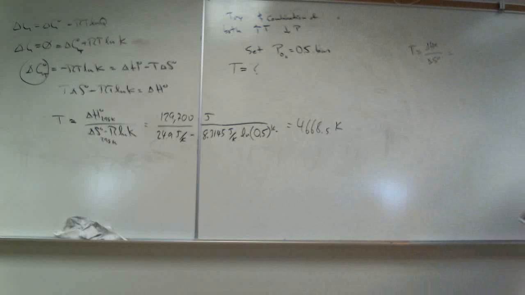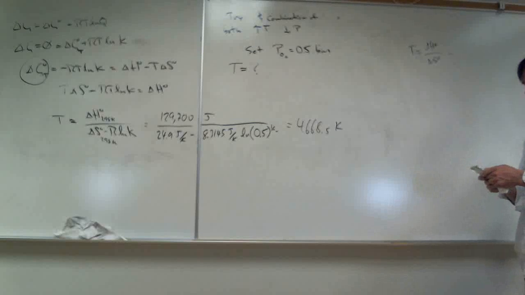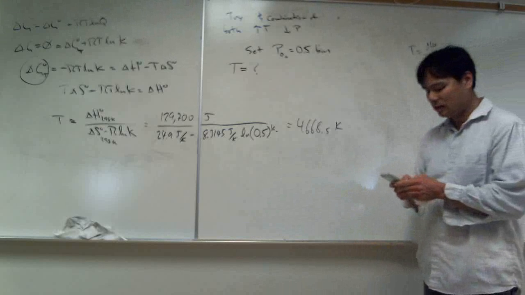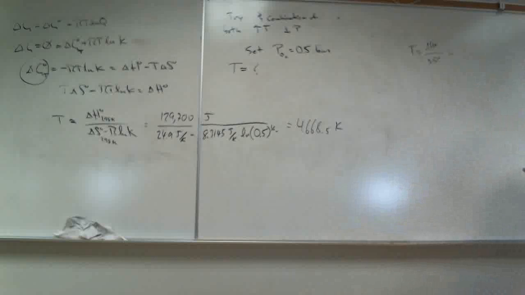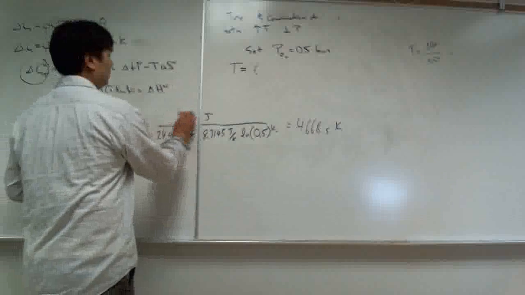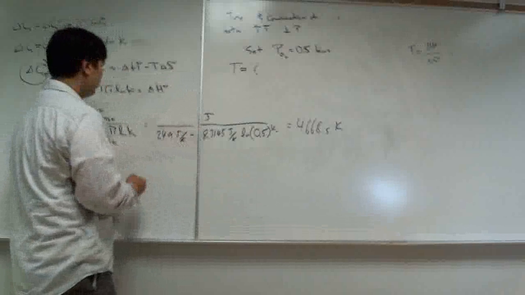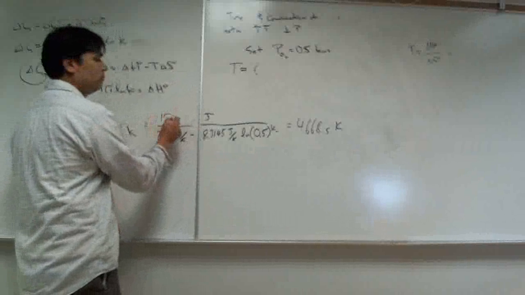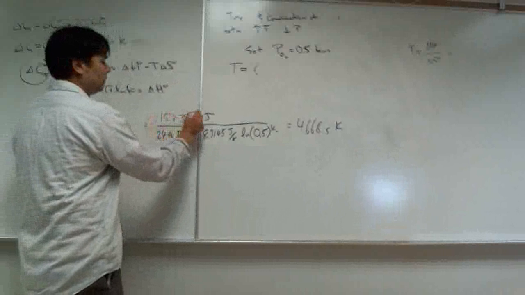All right, from our previous calculation, this is just doing it without using a vacuum pump. Let's just double check that calculation. That calculation was 129,700 divided by 24.9. Delta H value is wrong. What is the delta H value? It should be 157.3 kilojoules.